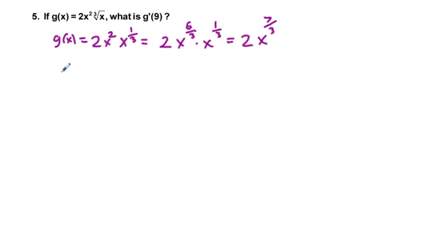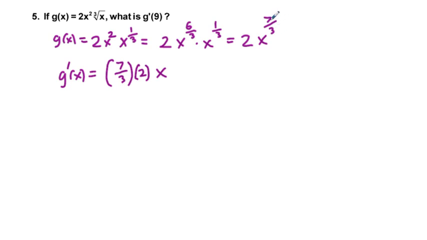And now g prime of x is equal to, we're going to take this fraction 7/3 out front times 2 and we're going to have x to the power of 7/3 minus 1.